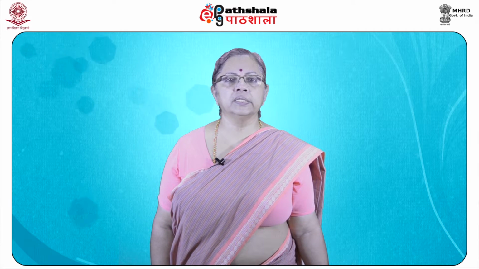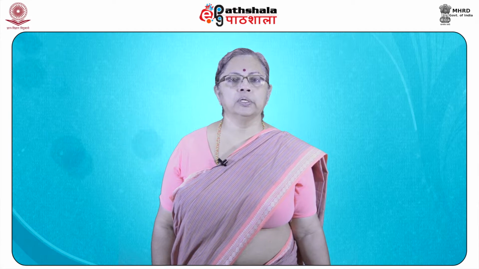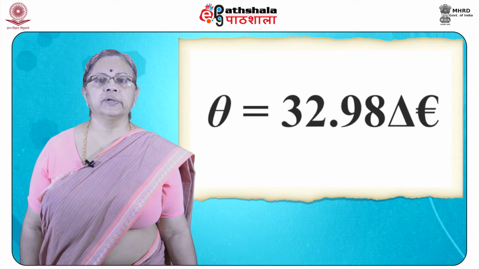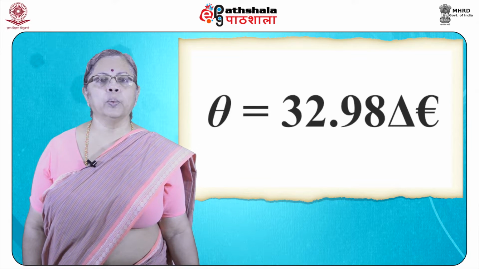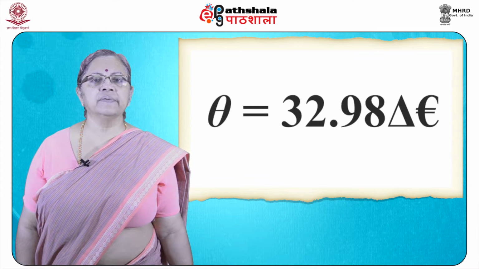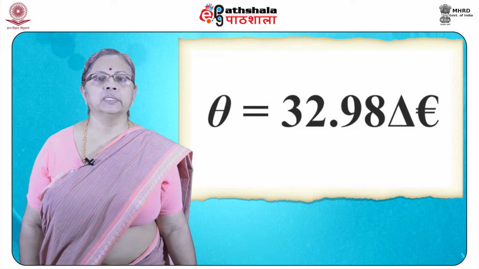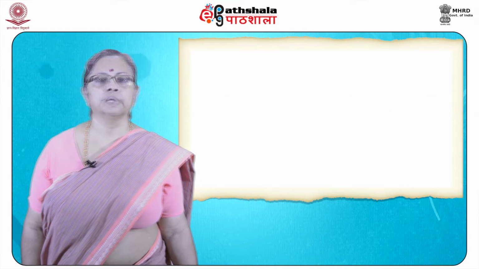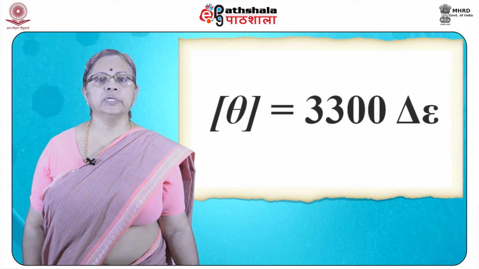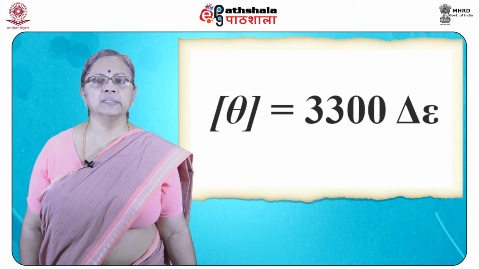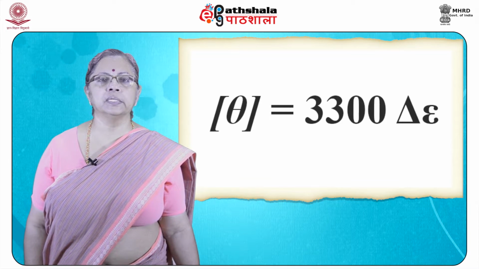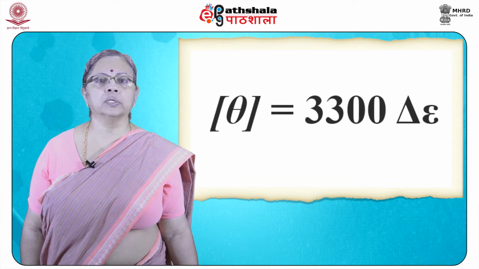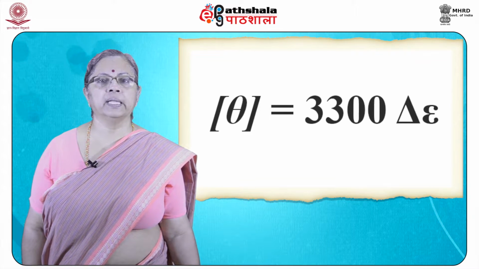Theta is related to delta epsilon, as remember that theta can be converted to degrees by multiplying by 180 over pi, which gives theta equal to 32.98 delta epsilon. The historical reported unit of CD experiments is molar ellipticity or bracketed theta, which removes its dependence on concentration and path length.